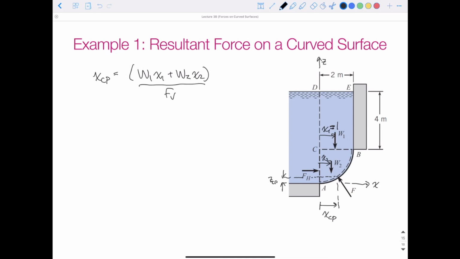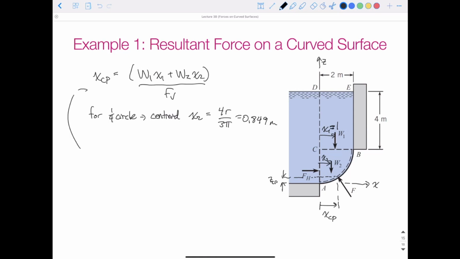Well, if you use the properties of the centroid of a quarter circle, X2 is equal to 4 times the radius divided by 3 times pi, which is equal to 0.849 meters.